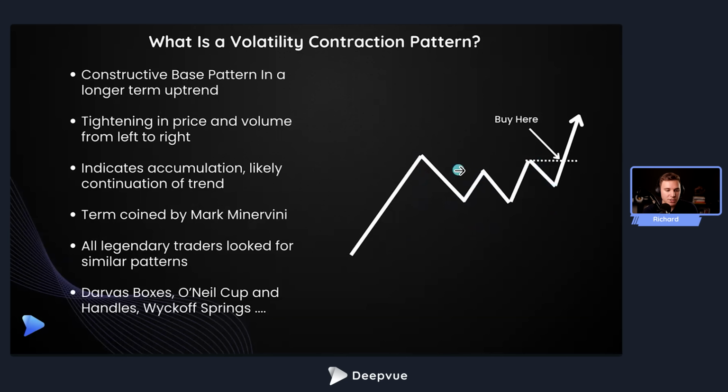Ideally, as you complete this pattern, the legs down see less and less volume, and these contractions get tighter and tighter as the spring gets coiled, and then we're ready to explode and start that next expansion leg up once we complete that VCP pattern.